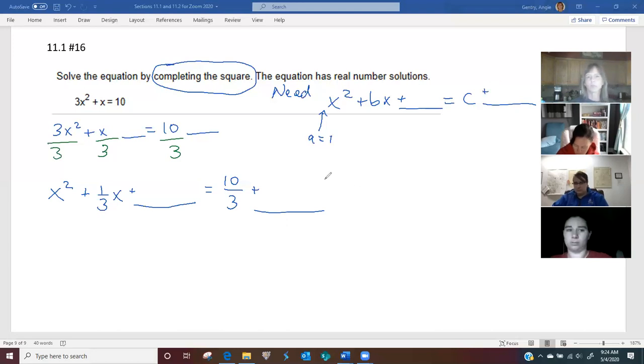We're adding whatever to both sides so that we can create the perfect square trinomial. Now we need for this to become a perfect square trinomial, and what we do is we need to complete the square. That's the whole idea. So this is where we do that half b thing. b in this case is a third.